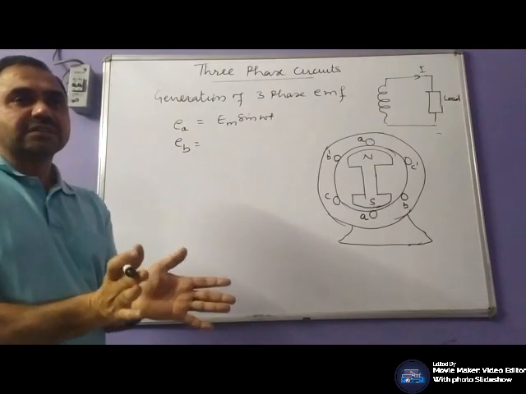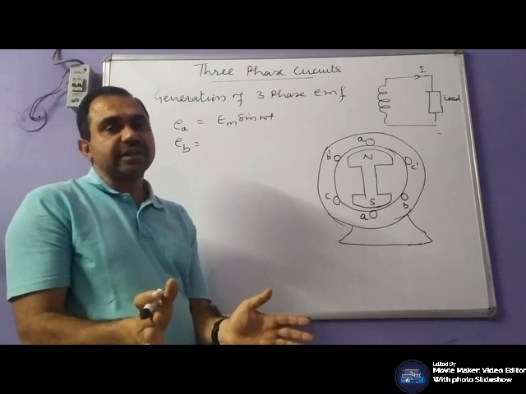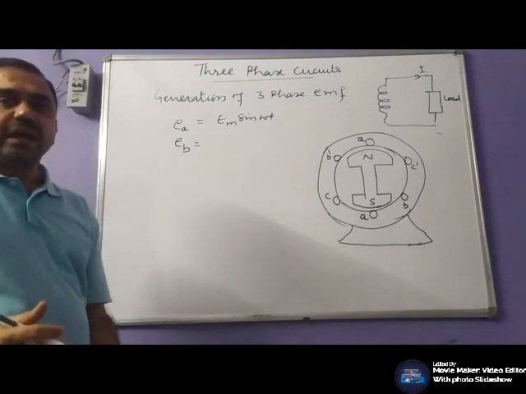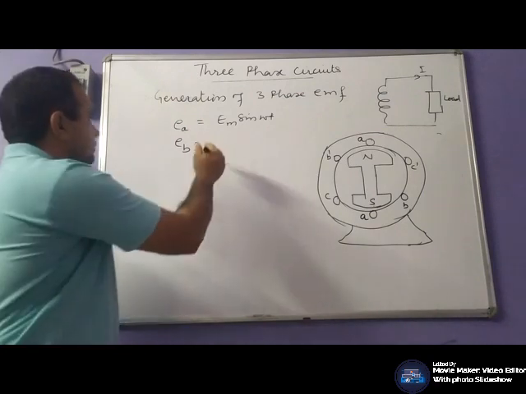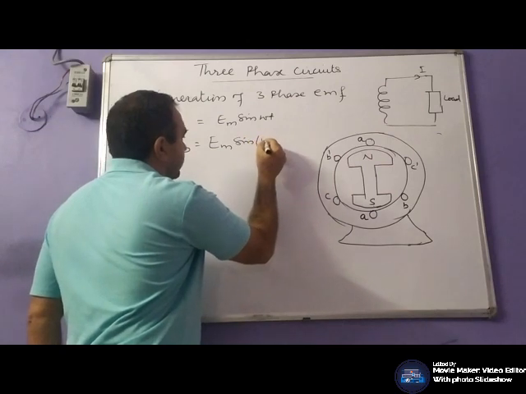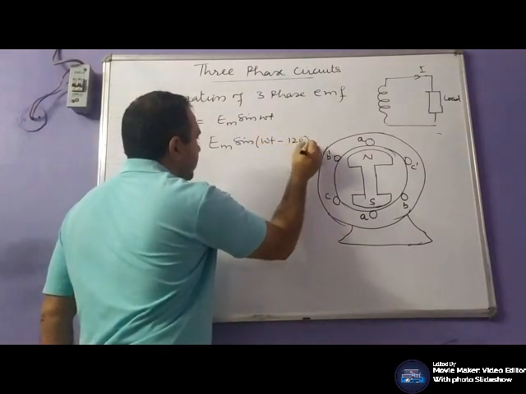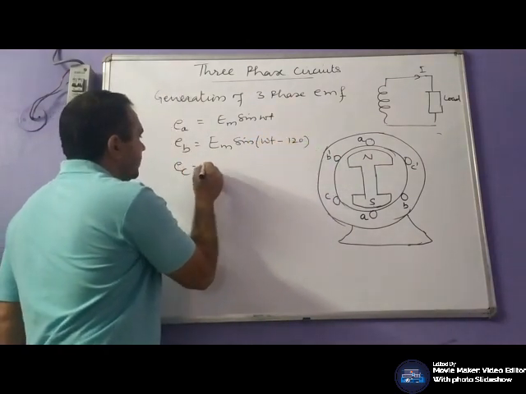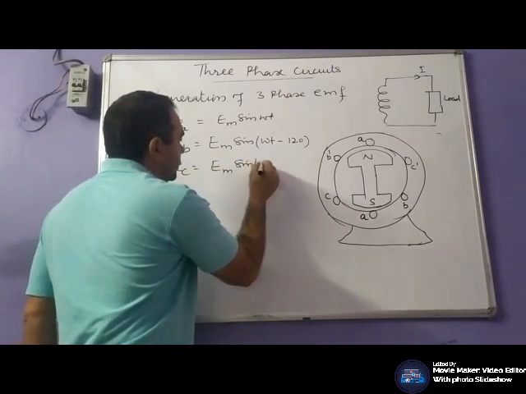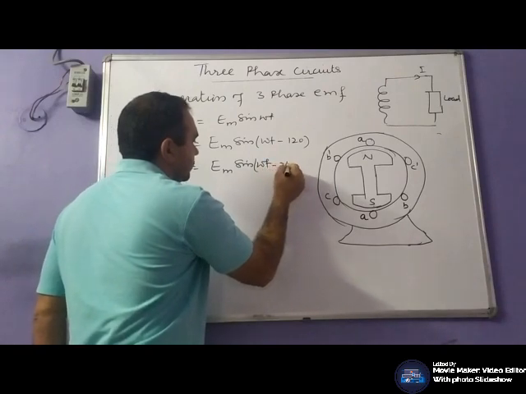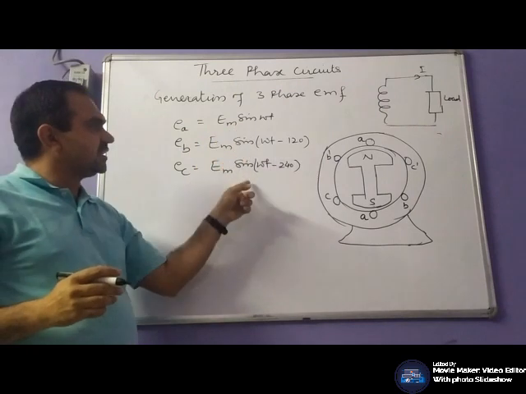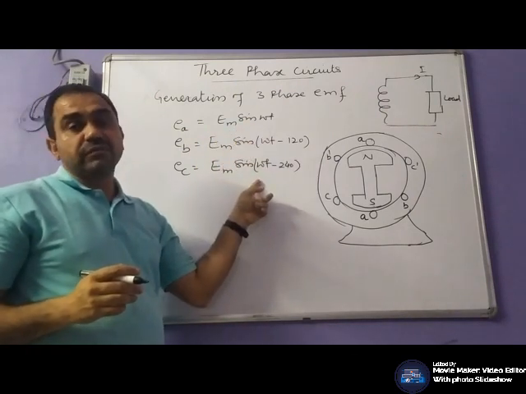all the coils are displaced at an angle of 120 degree electrical. Hence, their EMF induced would be displaced by an angle of 120 degree. That will be EB equals Em sine of omega t minus 120. EC would be Em sine of omega t minus 240. Now, you will observe that all the coils are displaced from each other by an angle of 120 degree.